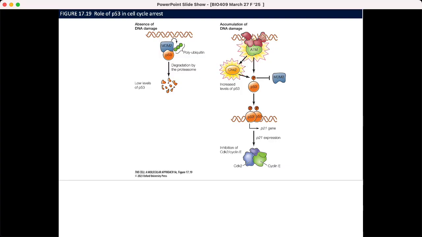Now, it's going to hyperphosphorylate p53. And it's like a little timer mechanism where it's like, I'm guarding the genome and there's damage, and I'm going to give you a chance to correct it. We're going to wait, we're going to wait. And as we wait, I'm just going to continue to phosphorylate p53. And when p53 gets hyperphosphorylated, it's going to have new target genes.